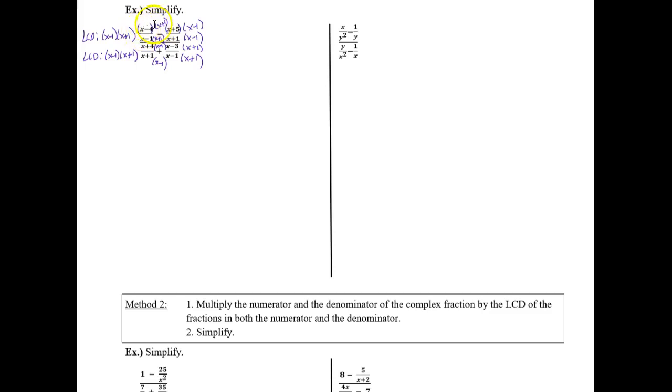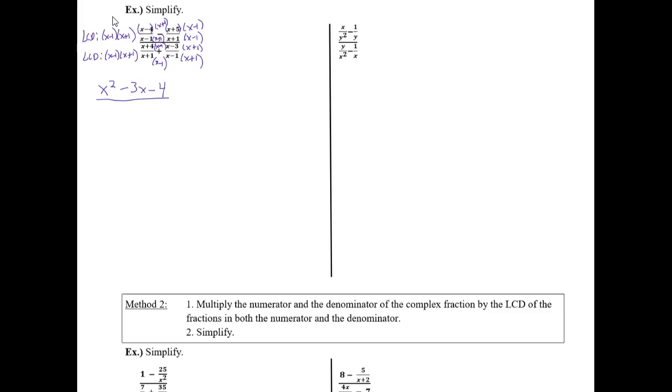Looking here at the x minus 4 times x plus 1, you can FOIL or box it out, but you need to make sure you're multiplying it all out completely. You'll get x squared minus 3x minus 4.